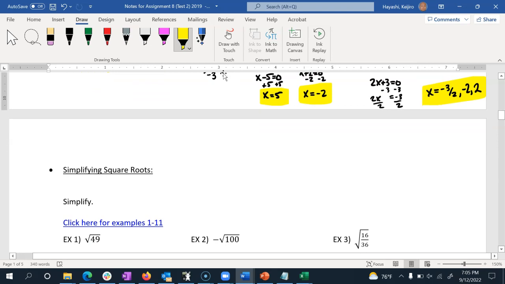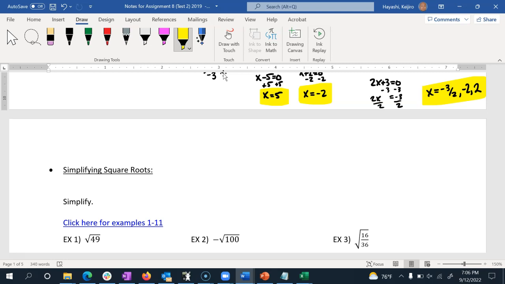Okay. And now in preparation for something we're going to talk about tomorrow, we're going to appear to switch gears for a little bit and talk about simplifying square roots instead. We can just put these in our calculator.